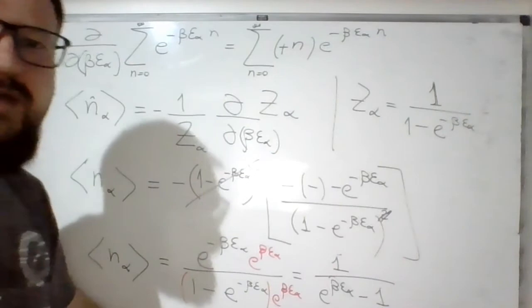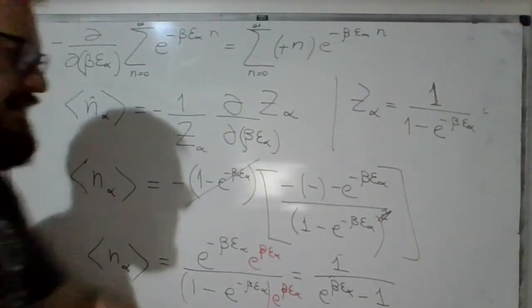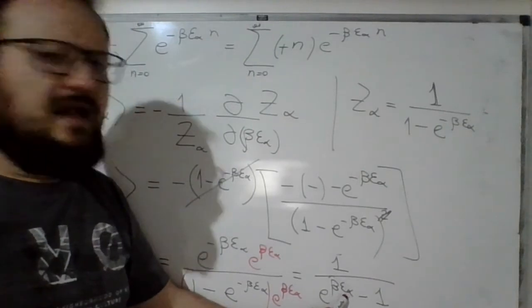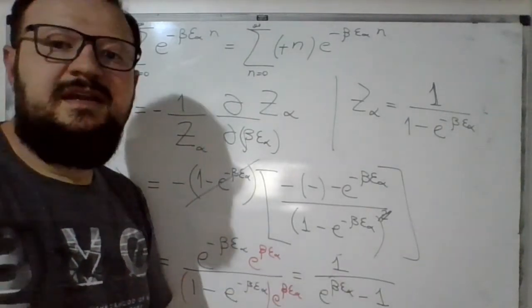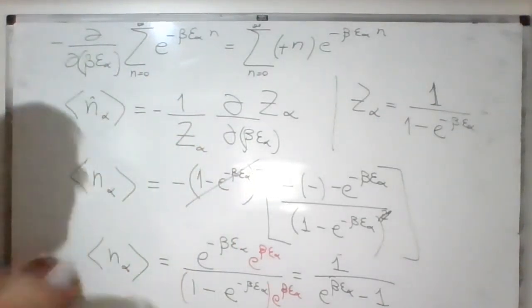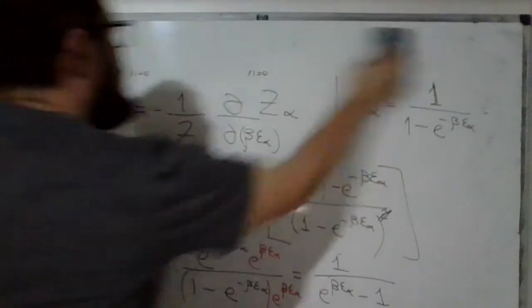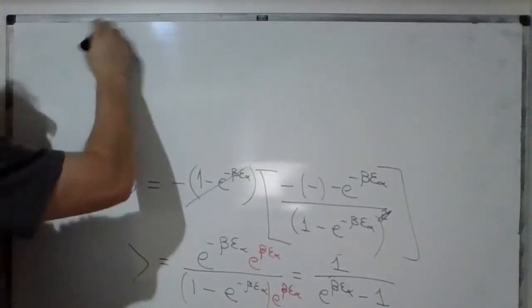Okay, what is the number of bosons in a state with energy E alpha? It is statistically given by this equation here. Okay, therefore, Bose-Einstein distribution.